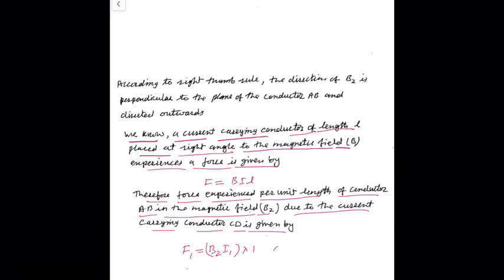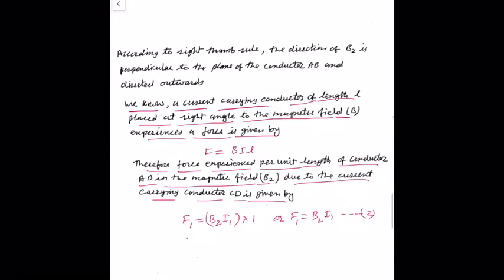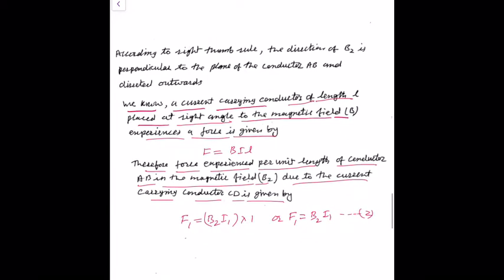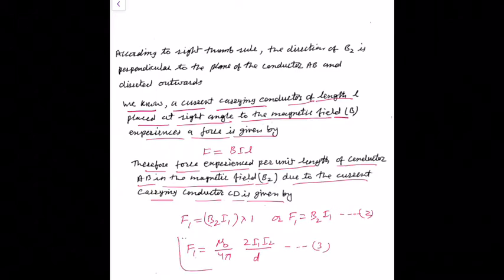So we can write F1 is equal to B2 into I1. It is equation second. Put the value of B2 from equation first. So we get F1 is equal to mu naught upon 4 pi into 2 I1 I2 upon D. It is equation third.